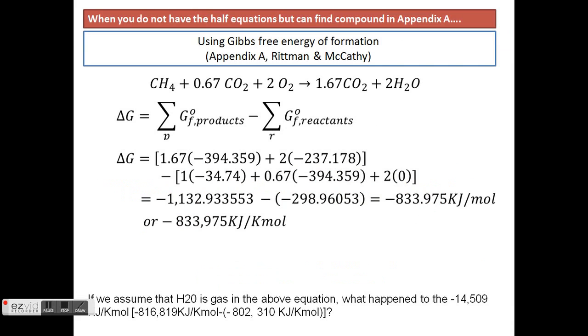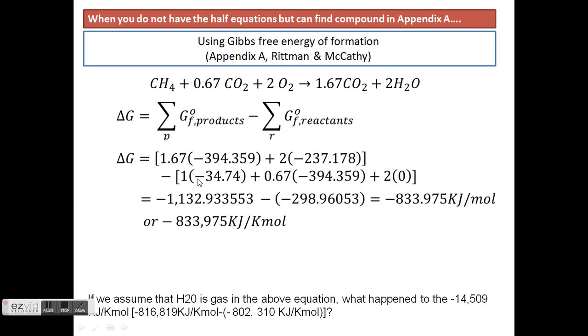So in calculating the energy, we use the Gibbs free energy table in Appendix A of Rittmann and McCarty, and similar to how we calculated the heat of reaction, we sum up the Gibbs free energy times the number of moles of each compound that forms our products, and then we subtract the reactants from that.